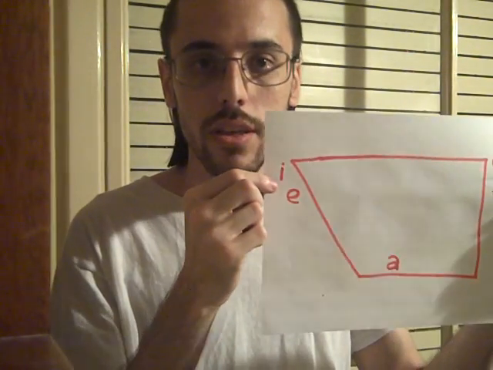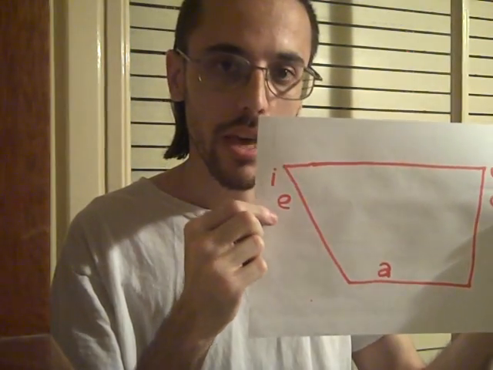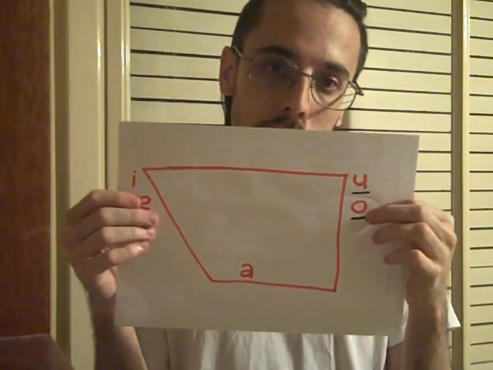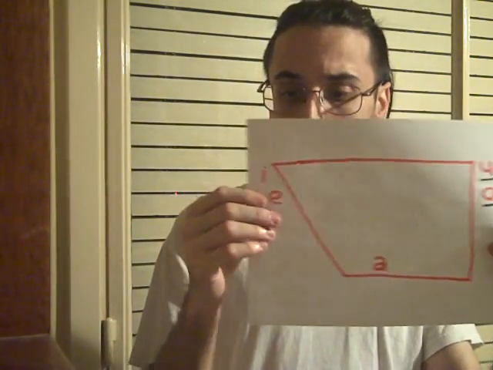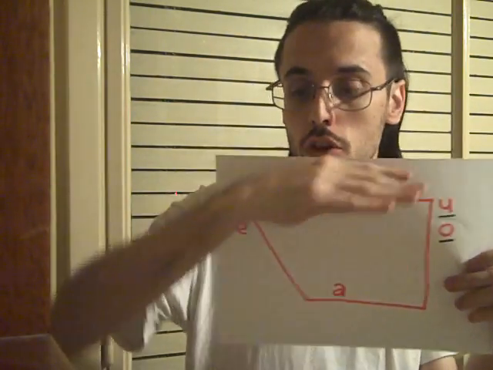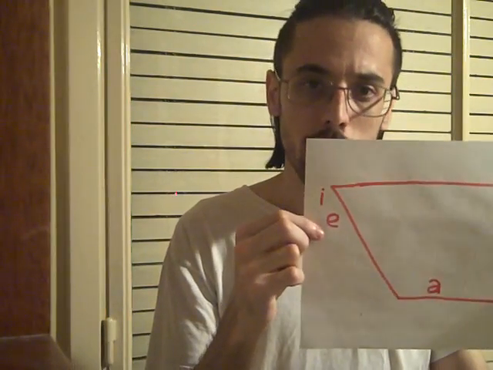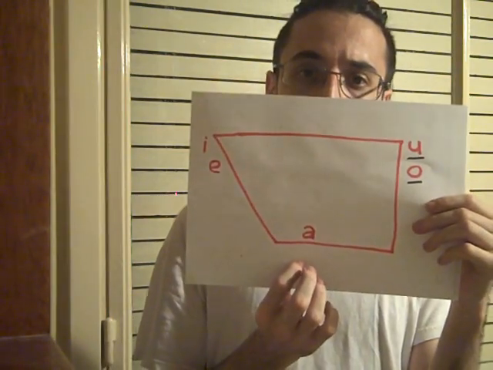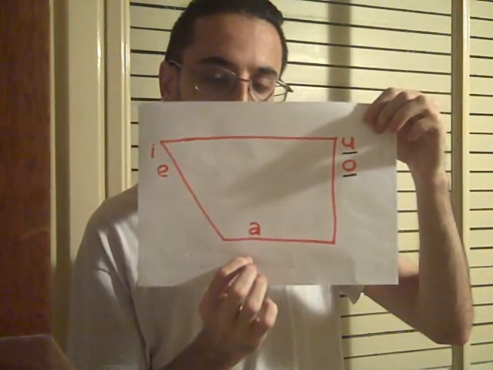We have I, E, A, O, U. So, as you can see, if you were looking at my lips while I was pronouncing those, the last two, U and O, are rounded. So you have 2 rounded back vowels that are mid-close to close, 2 unrounded front vowels that are mid-close to close, and 1 open, unrounded central vowel, A.